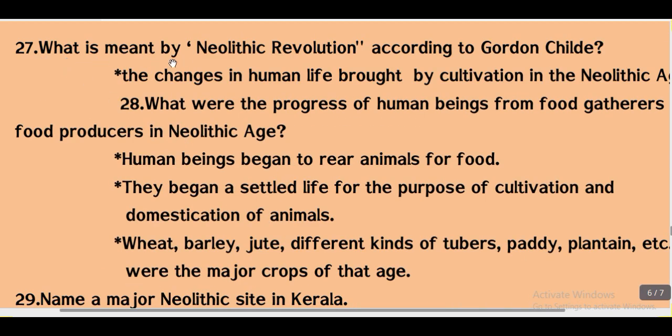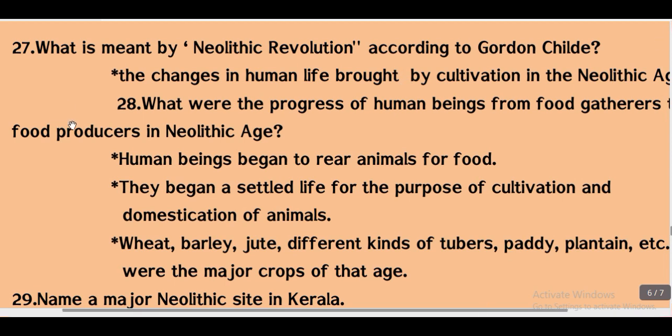What is meant by Neolithic revolution according to Gordon Childe? The changes in human life brought by cultivation in the Neolithic age. What were the progress of human beings from food gatherers to food producers in Neolithic age?